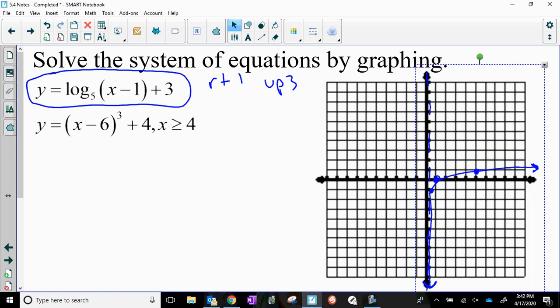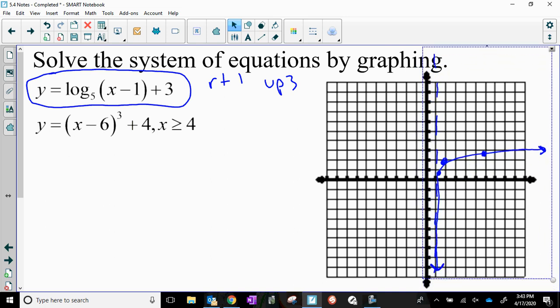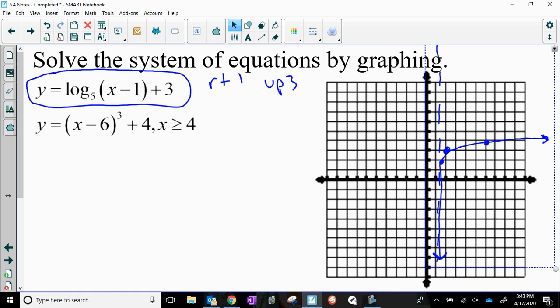Let me group it. What we're going to do is take this graph and move it right 1, up 1, 2, 3. There we go. Try to clean this up just a little bit.